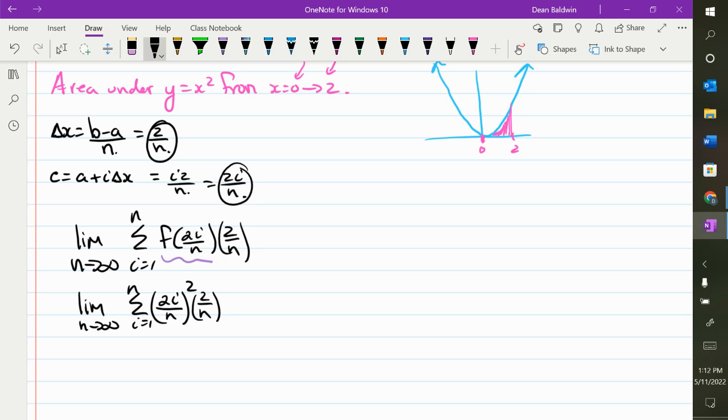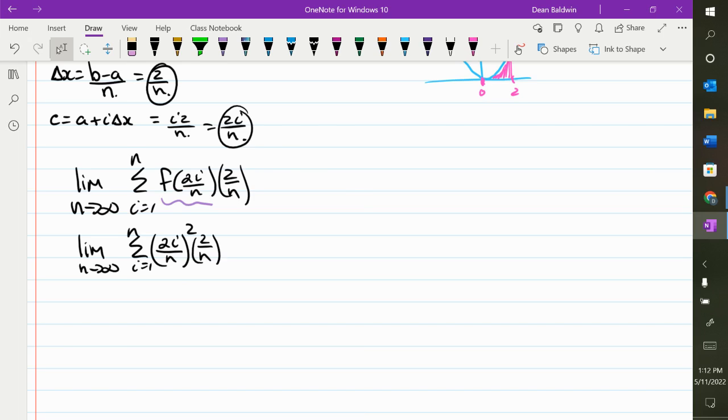All right. Now it's just algebra. Can you do the algebra? No. Want me to take you through it? No, I'll do the next. Well, what's the next step right now? You got to square the 2i over n. 4i squared over n squared times 2 over n.